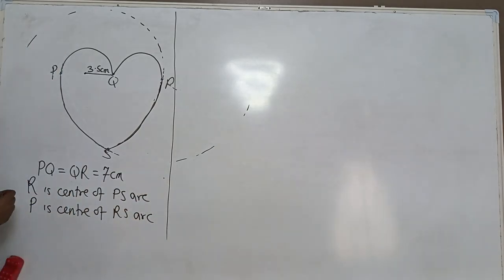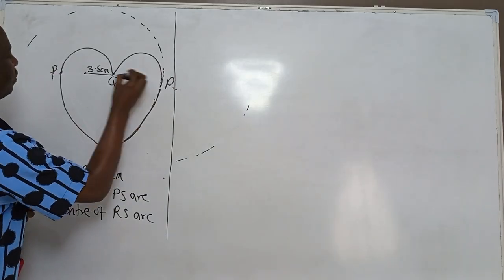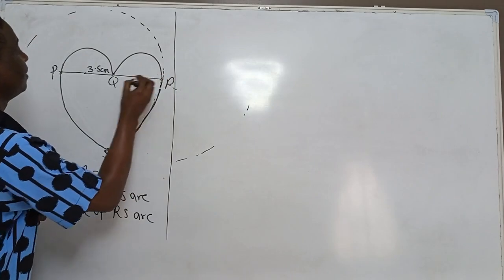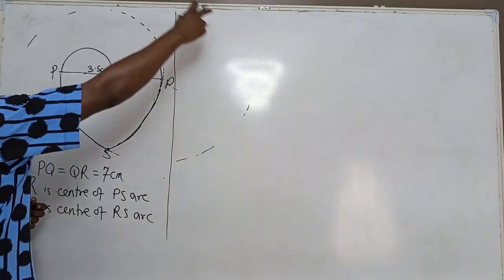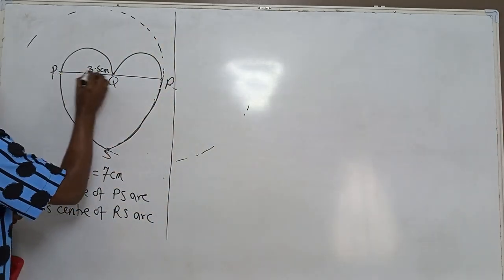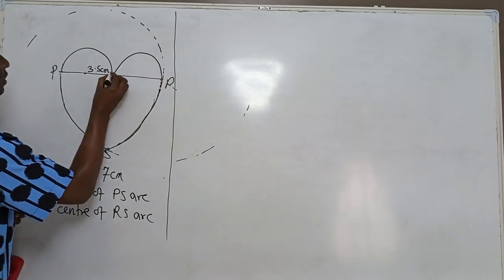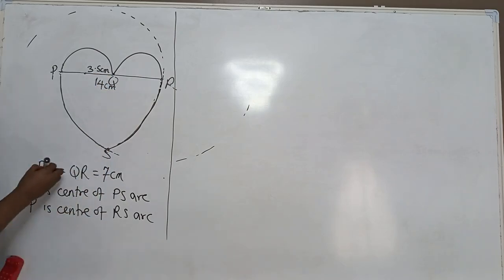Now, having known that, if I draw this line, it is a radius of this circle that should be completed if we want to complete it. From here to here is 7, here to here is 7. That means the radius of this is 14 centimeter.